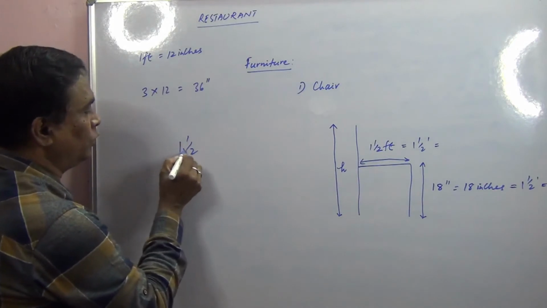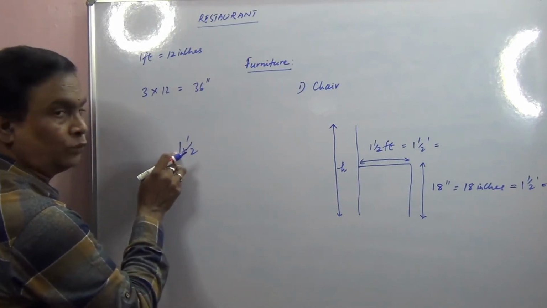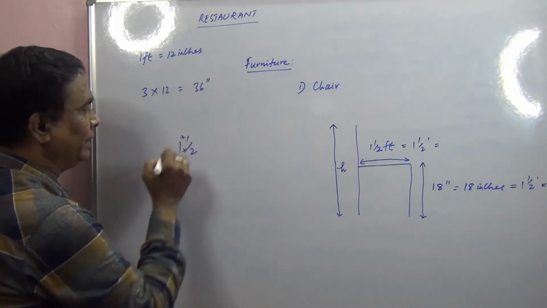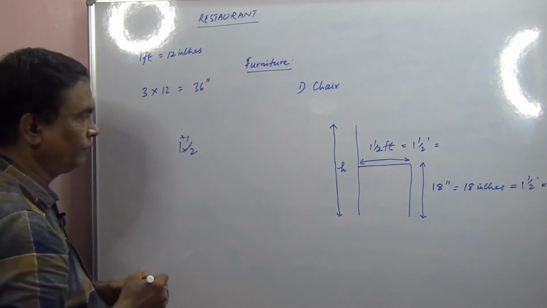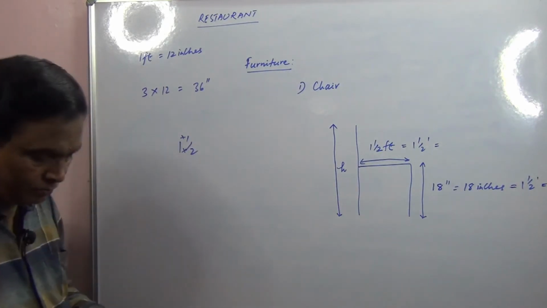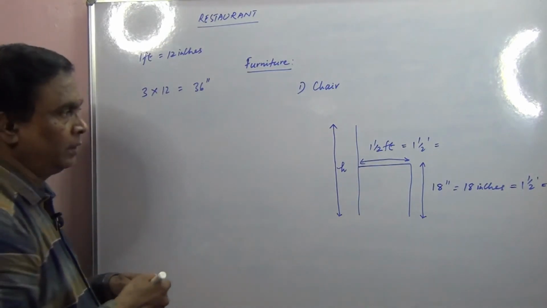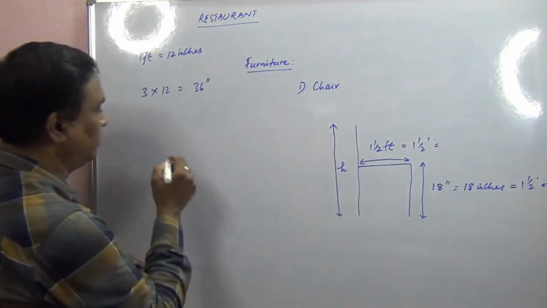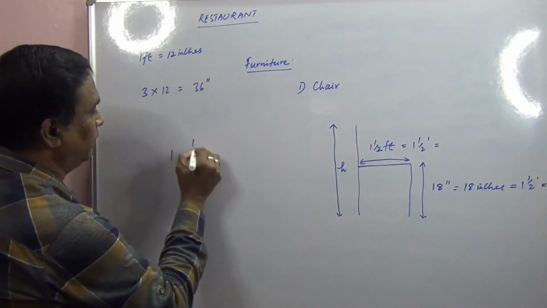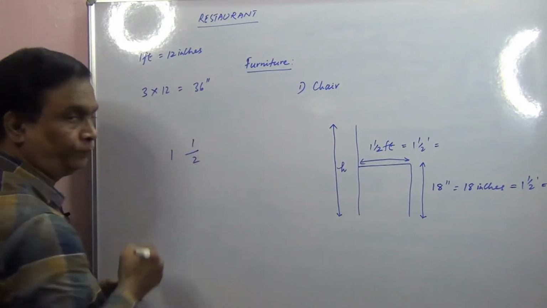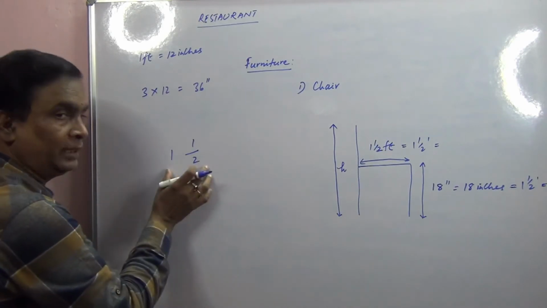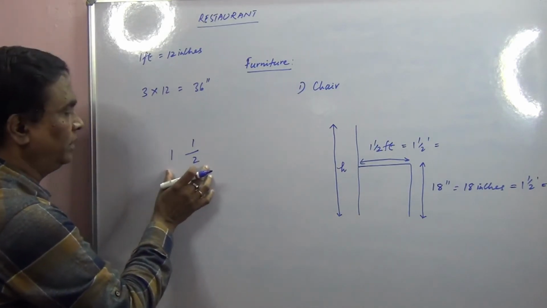So 2 into 1 equals 2, and then you have to add this one. Once again I repeat, write down this 1 by 2. This is in a mixed fraction.